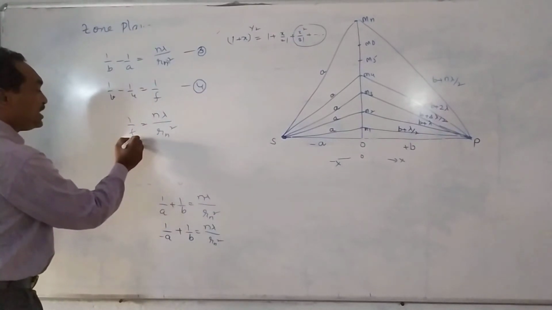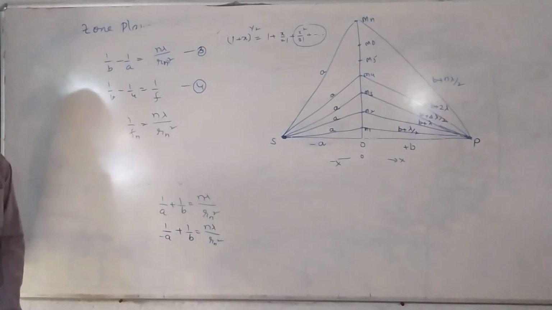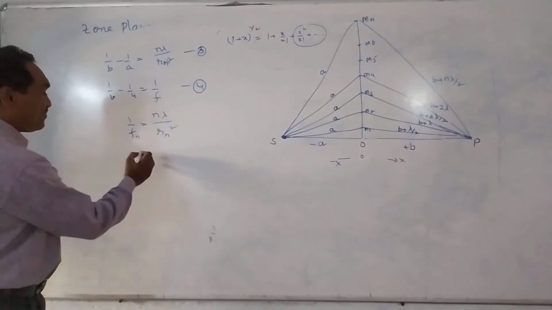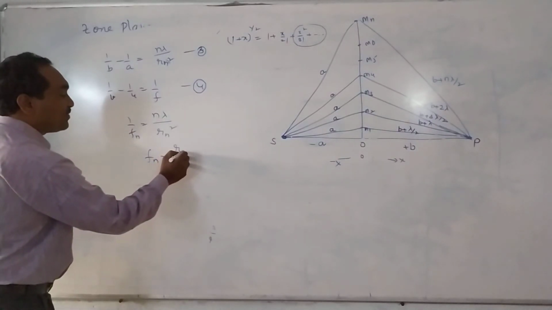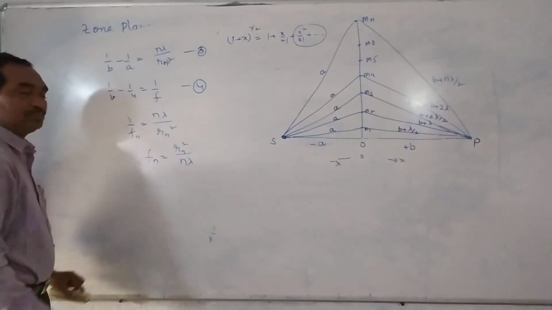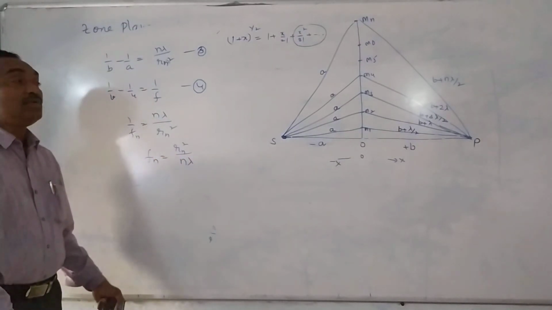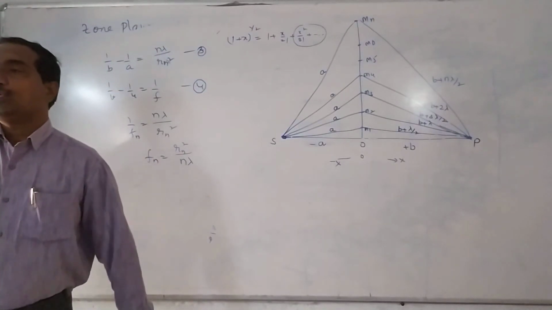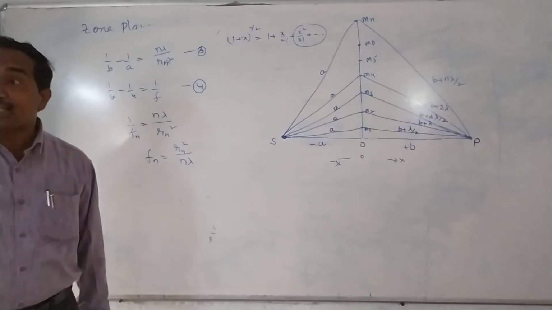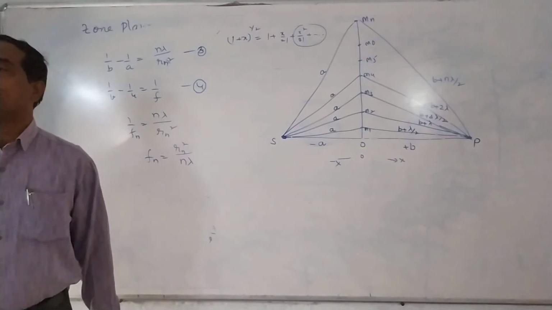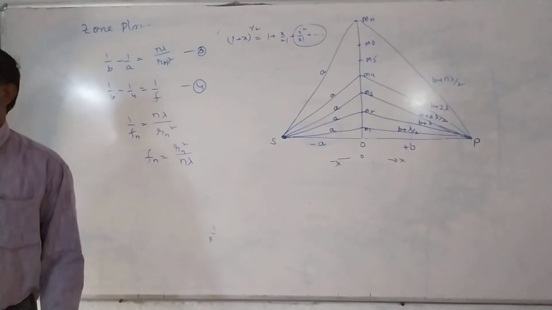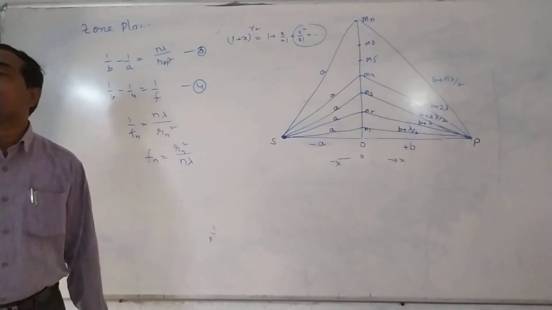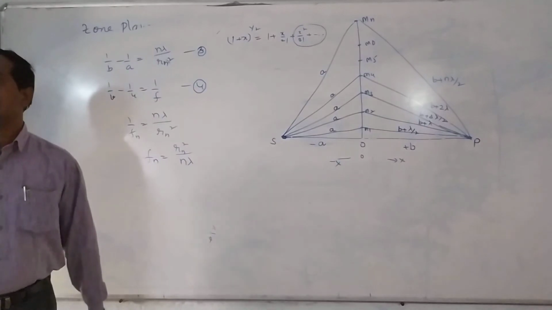In some of the books it may be taken as Fn. Then Fn is equal to Rn square by n lambda, where Fn is the focal length of the zone plate. So this zone plate acts as a converging lens or convex lens, so we will use this zone plate as a converging lens in a number of instruments.